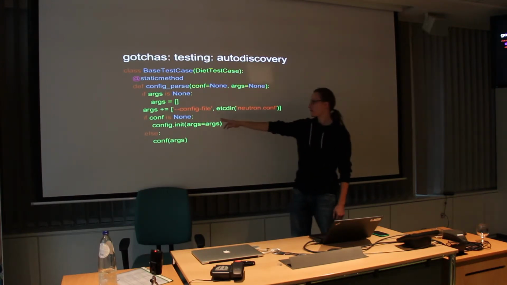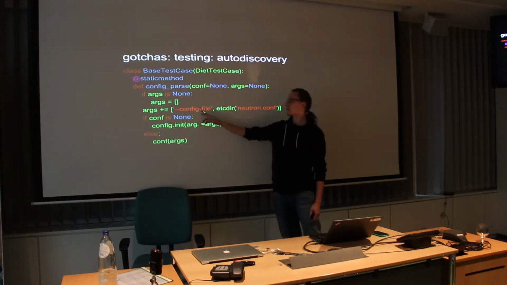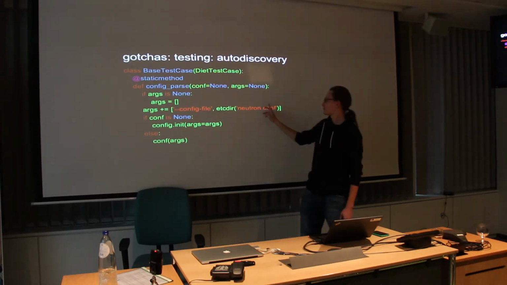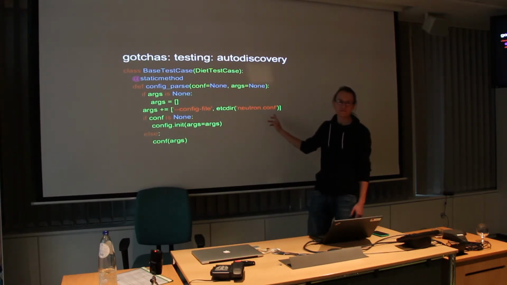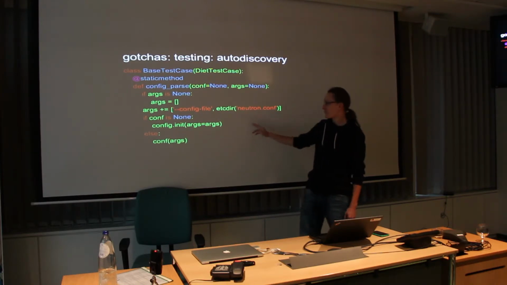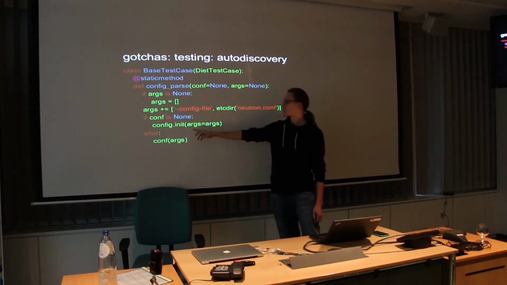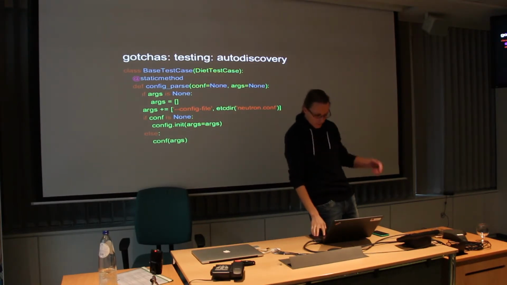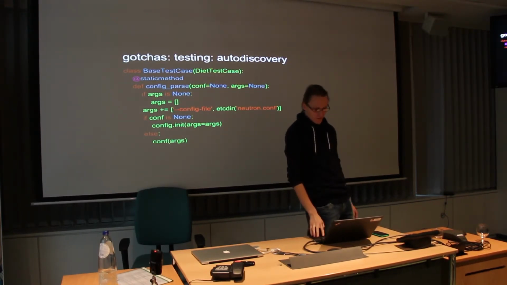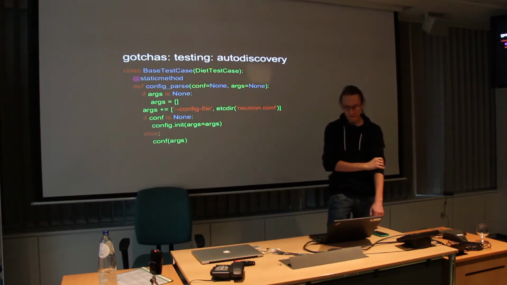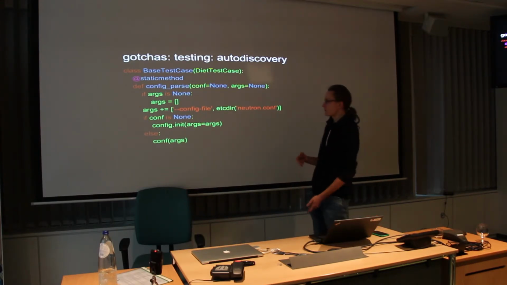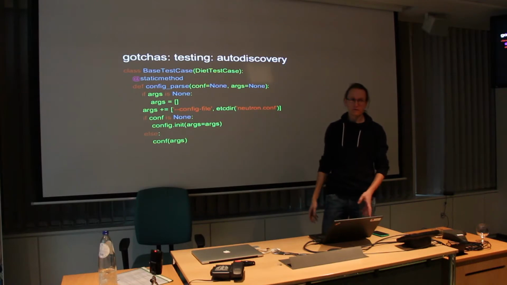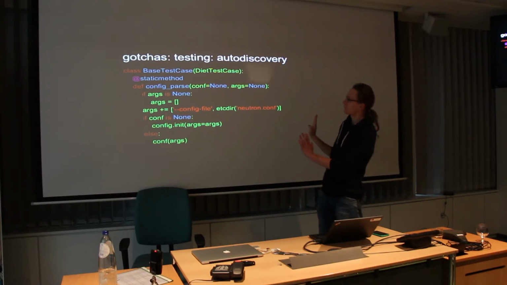Because once at least one of the config file arguments is there, then it's disabled. So we just create an empty file and just pass it into the library here. And then we disable this behavior. The problem with that was that some test cases overrode some superclass methods, and they were not actually triggering that.